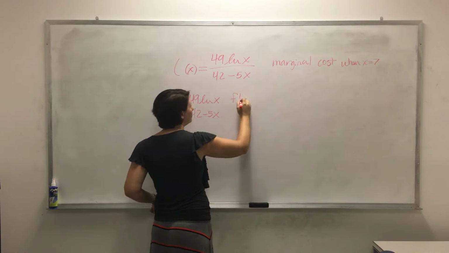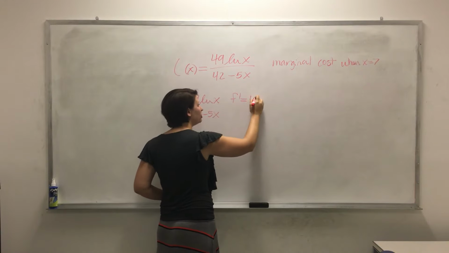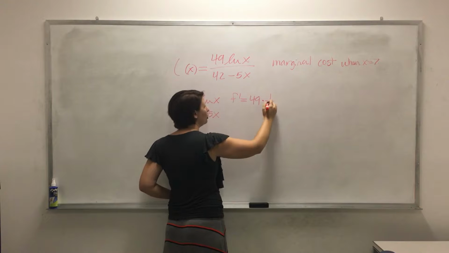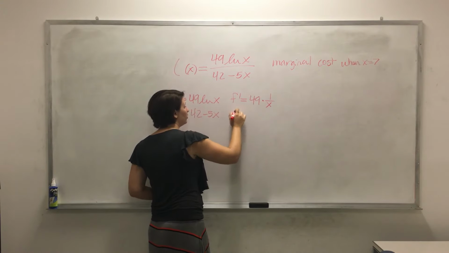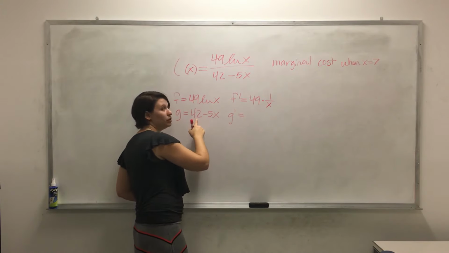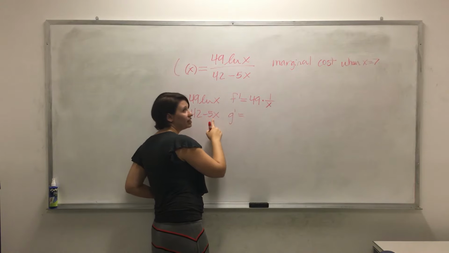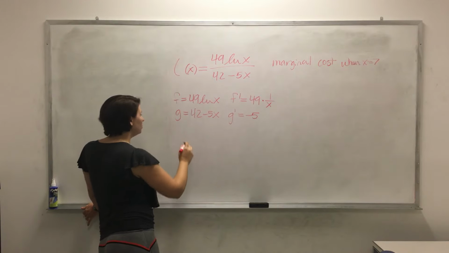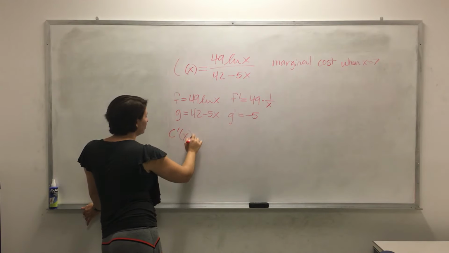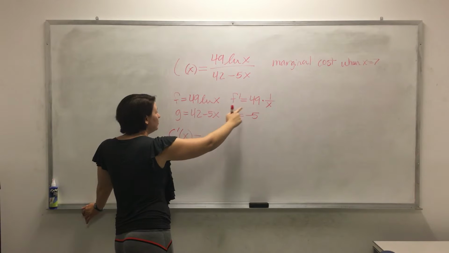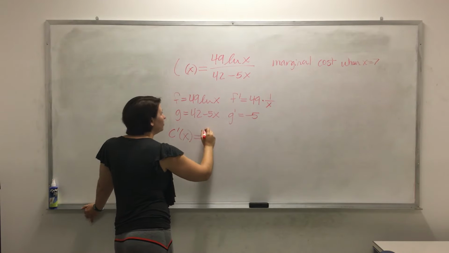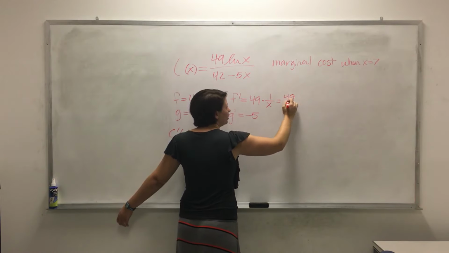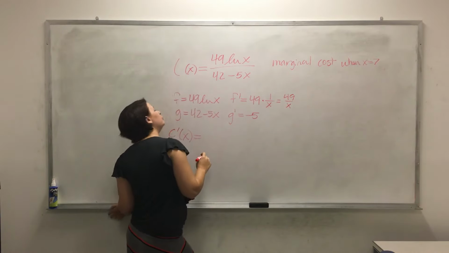So then f prime is equal to, rewrite the coefficient, times the derivative of the inside over the inside. G prime is equal to, 42 is 0, minus 5x is minus 5. Quotient rule formula, so c prime of x is equal to f prime times g. So 49 times 1 over x is really just 49 over x. That's the best way of writing it.